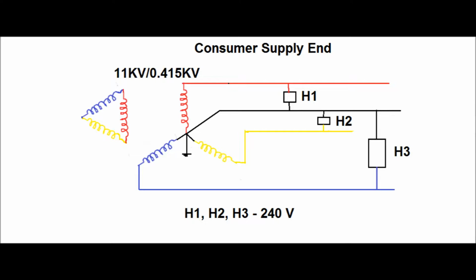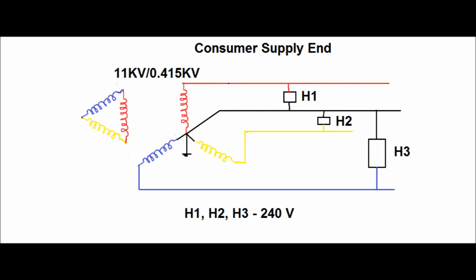Now, the impact of star winding connected to earth on the consumer supply in the distribution system. In the distribution system, normally the voltage rating of the transformer is 11 kV by 415 volt, as shown in this diagram. For household supplies, any one phase of the three phases is taken along with the neutral to supply 240 volt to the household.